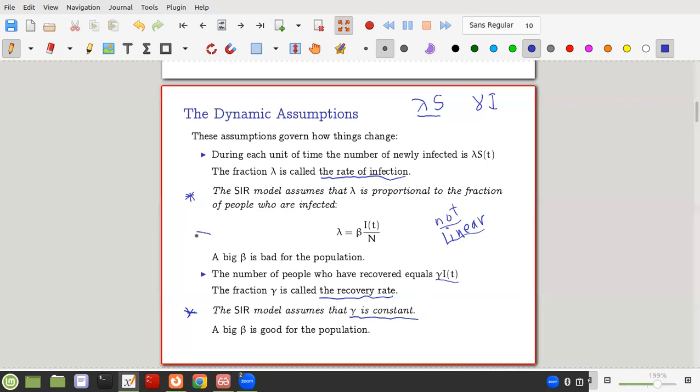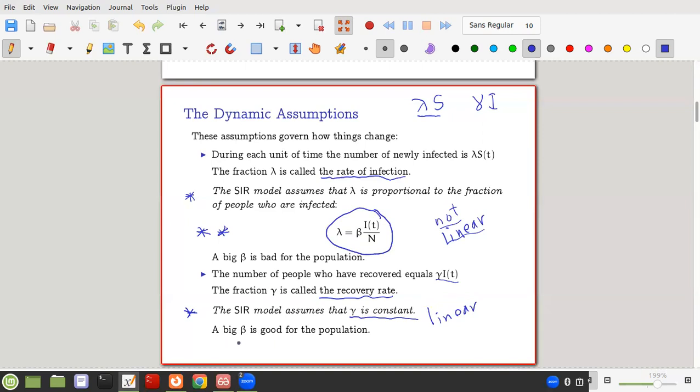So this is the crucial special thing here. This itself is a linear term. It's this assumption here that makes things a problem.